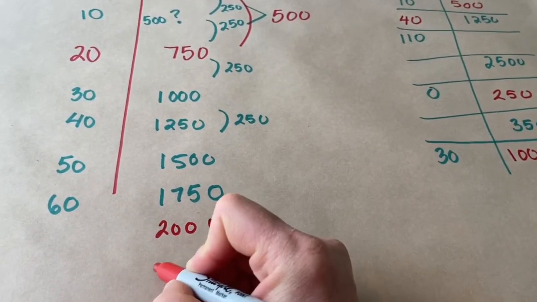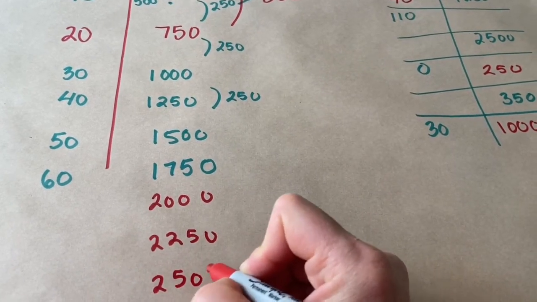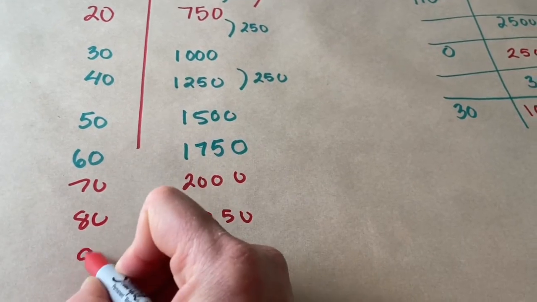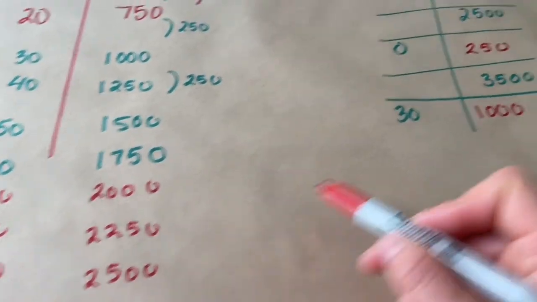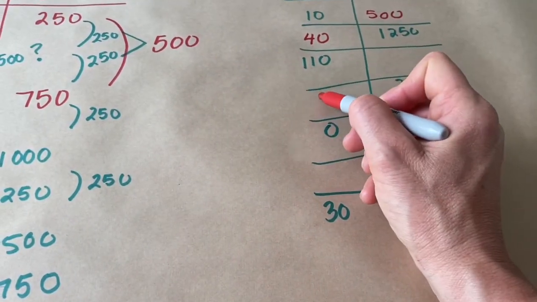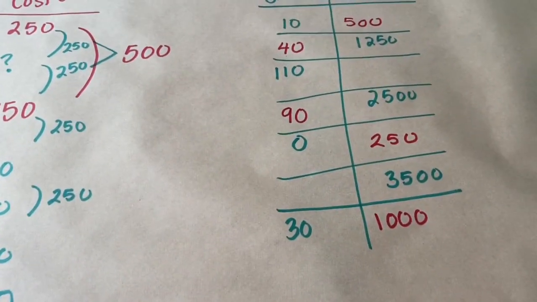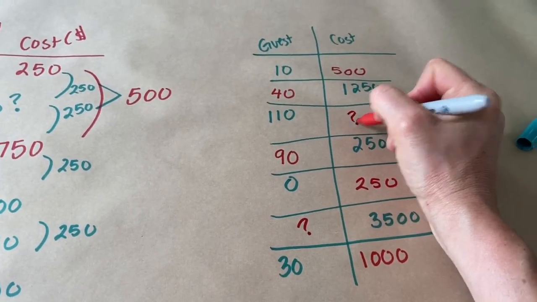So we'll just keep jumping by 250 and we will see how many guests we need to get the cost to be 2,500. And we see that when we have 90 guests, our cost is 2,500. So we have a few left over that we are still going to need to find.